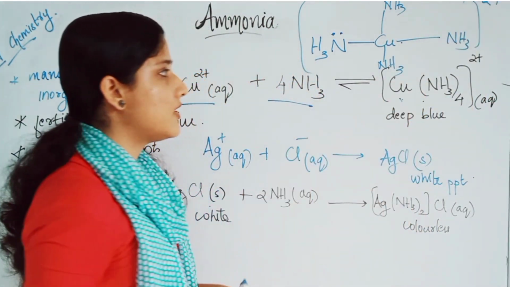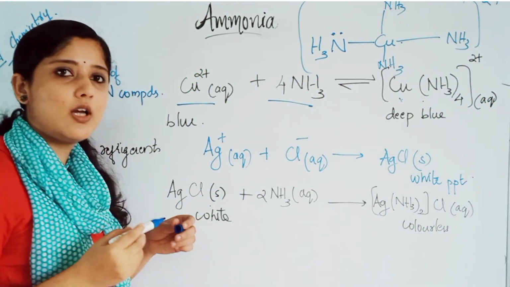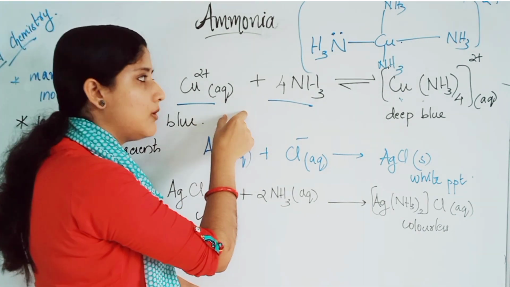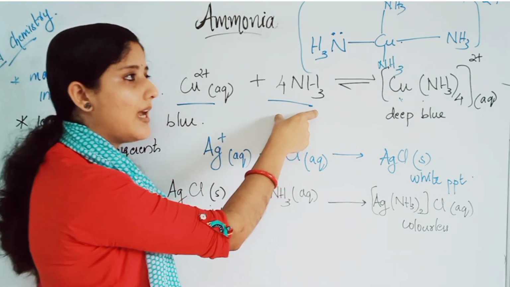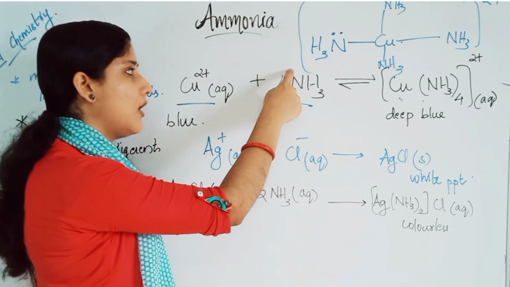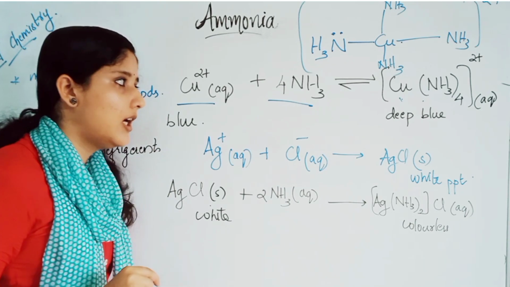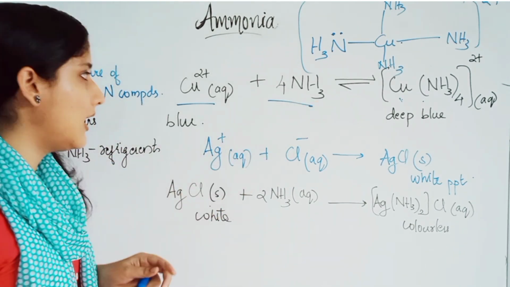This is [Cu(NH3)4]2+, and it is deep blue in color. This is an example to show how ammonia acts as a Lewis base.